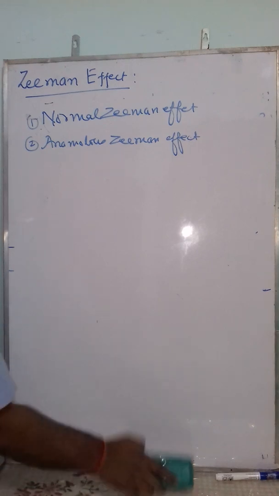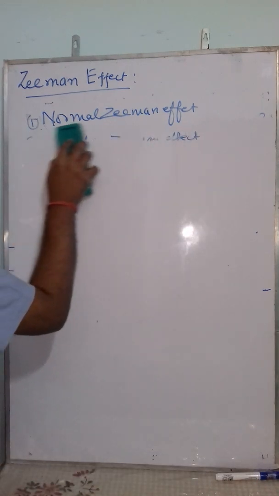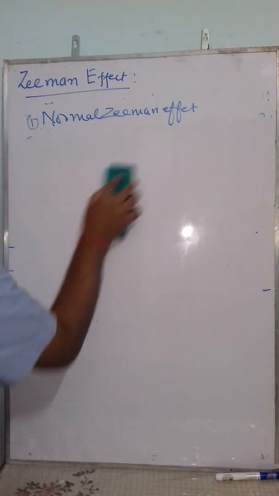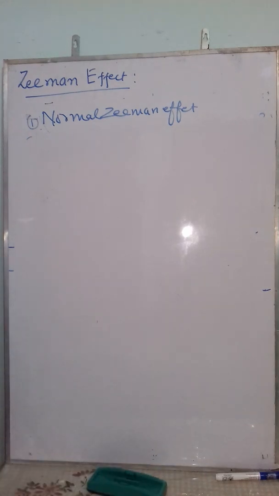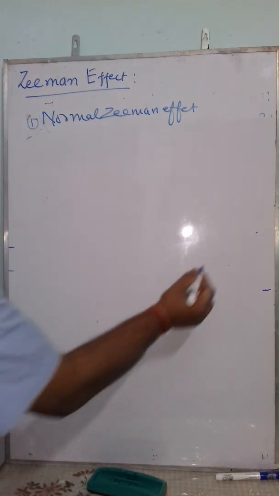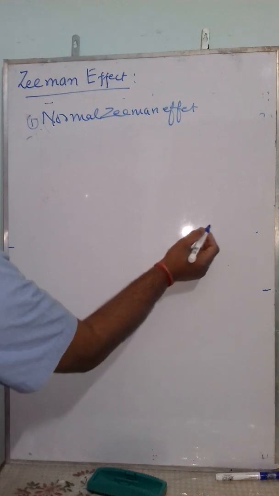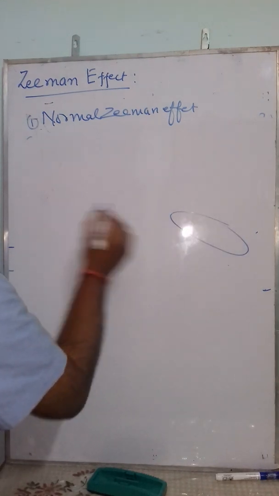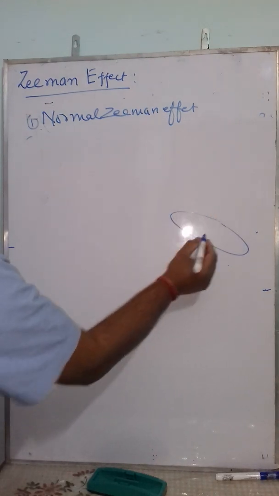Here I am going to explain the normal Zeeman effect. As you all know, an electron revolves around the nucleus. If I draw the structure, this is the electron revolving around the nucleus.